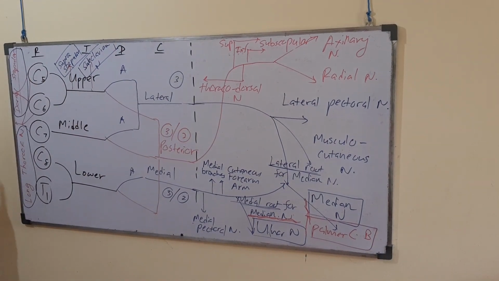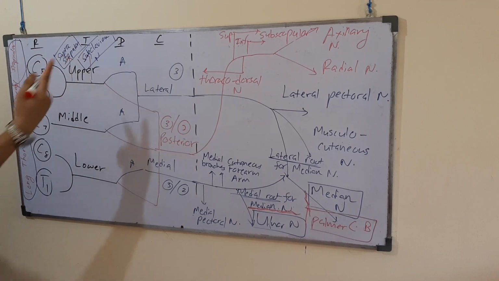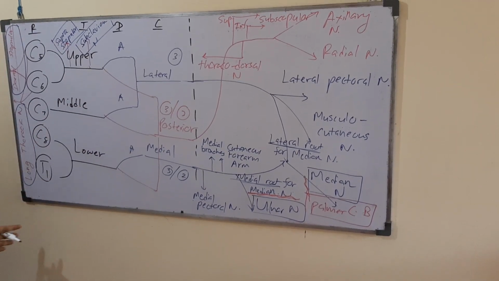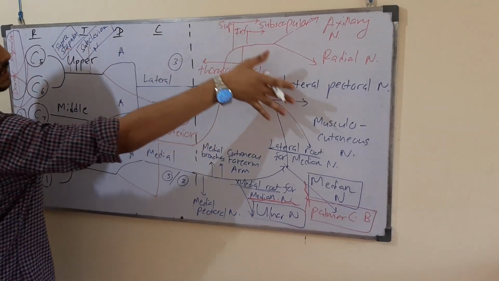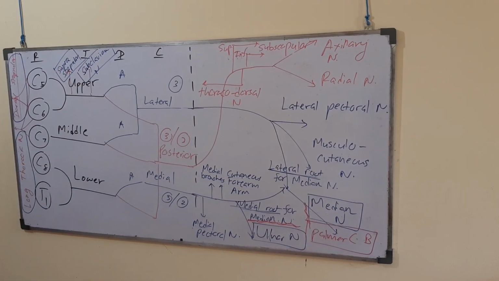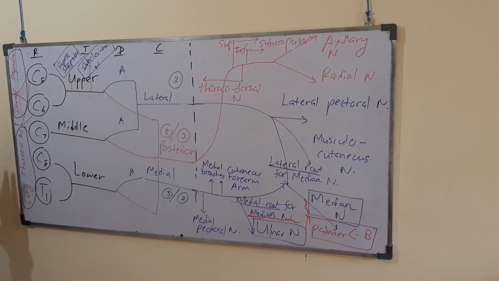So this is roughly the innervation of the upper limb, which starts from the brachial plexus and moves on to its terminal branches and innervates the upper limb. So this is actually part one of this topic.